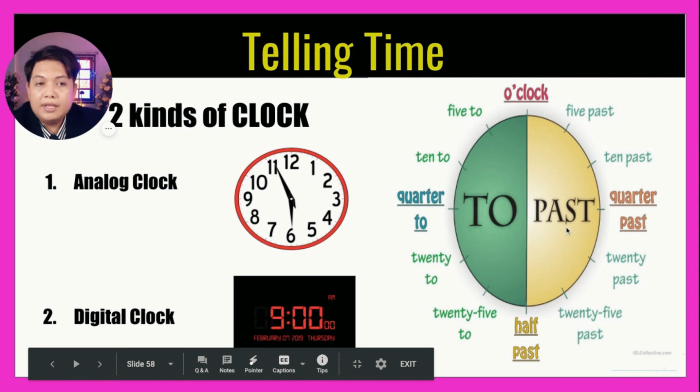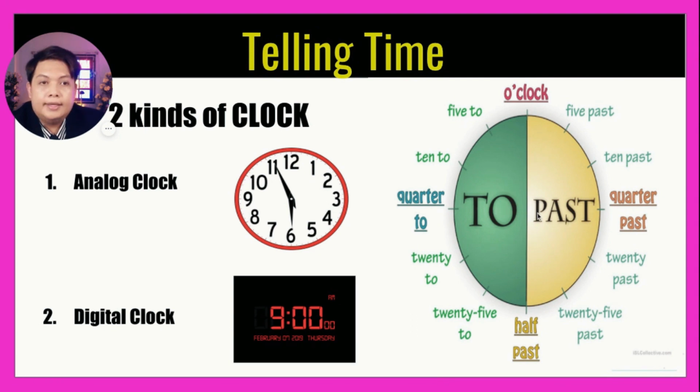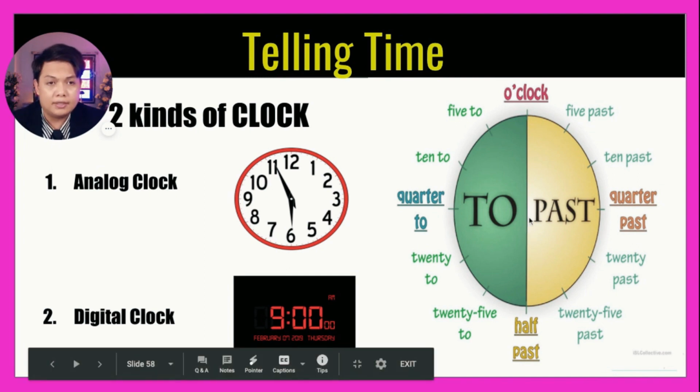Now if you're being asked to tell the time, and the minute hand is pointing right here, you'd say 5 past, 10 past. You'll use past. And once the minute hand is pointing right here, you'd say quarter past. Once the minute hand is pointing here, you'll say half past.